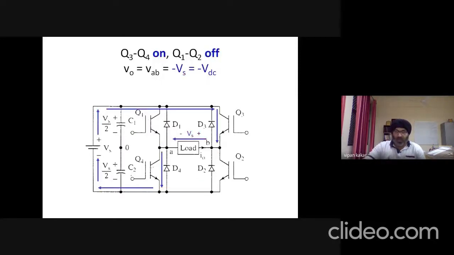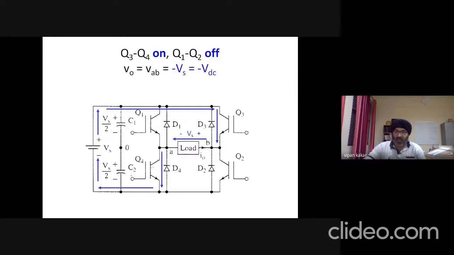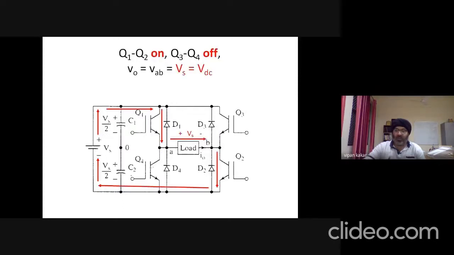Now, this first pair, Q1 and Q2, is off now. They were on in the first case, now they are off. And now the second pair is turned on, Q3 and Q4 are turned on. Now the direction of the flow of current is through Q3 from B to A and then back into the supply. So the direction of the flow of current is now reversed compared to this one.